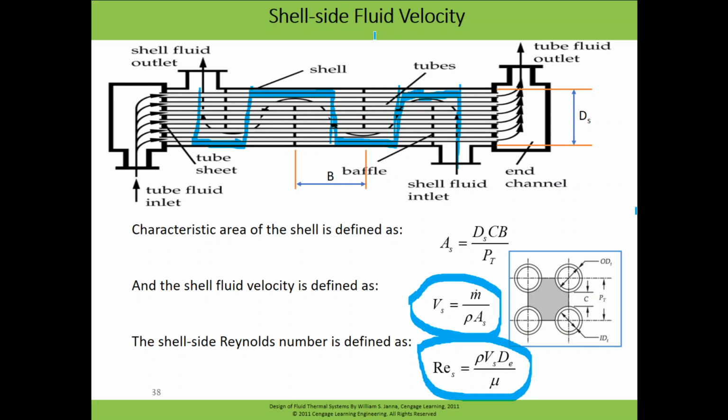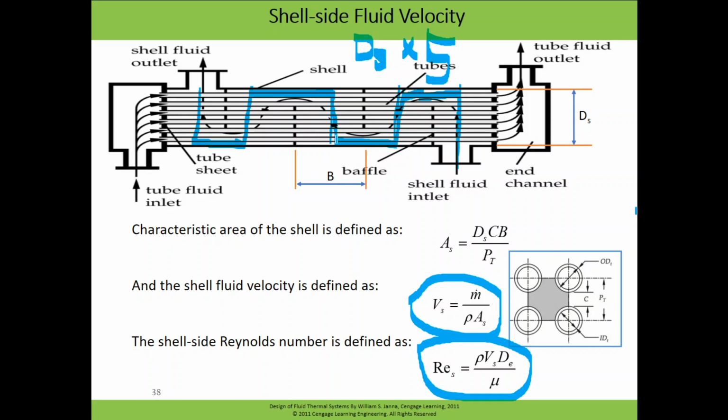So the length of the flow path will be the diameter Ds multiplied by the number of turns. Okay, so how much is the length? The length is equal to 5 times the diameter, so this Ds must be multiplied by 5 in this case.